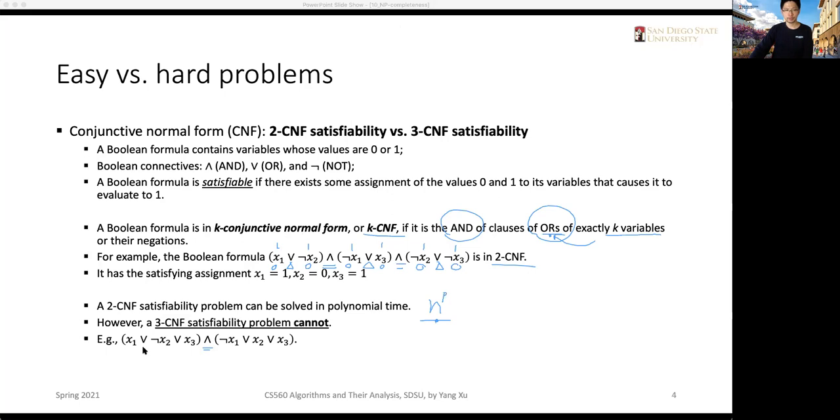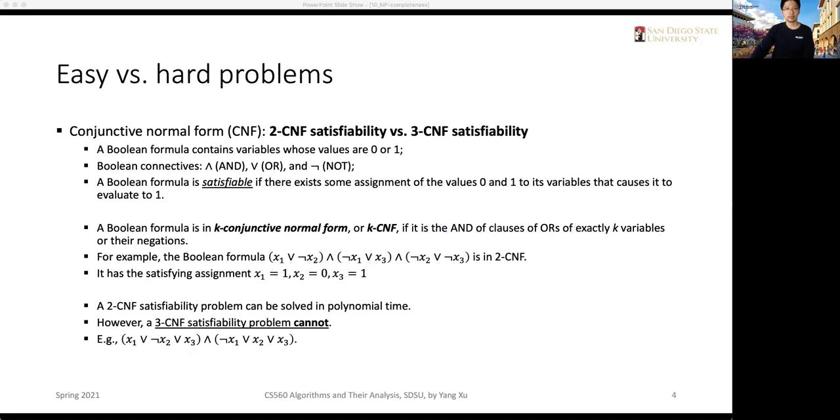And within each OR, there are 3 variables, 1, 2, 3, connected using ORs, right? And actually, it's not that easy to find a solution as compared to the 2CNF problem.